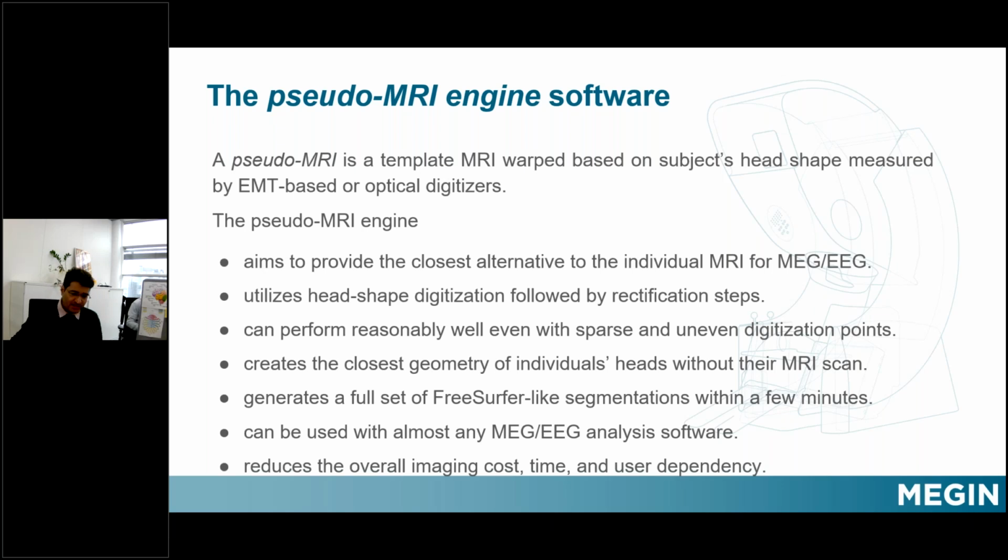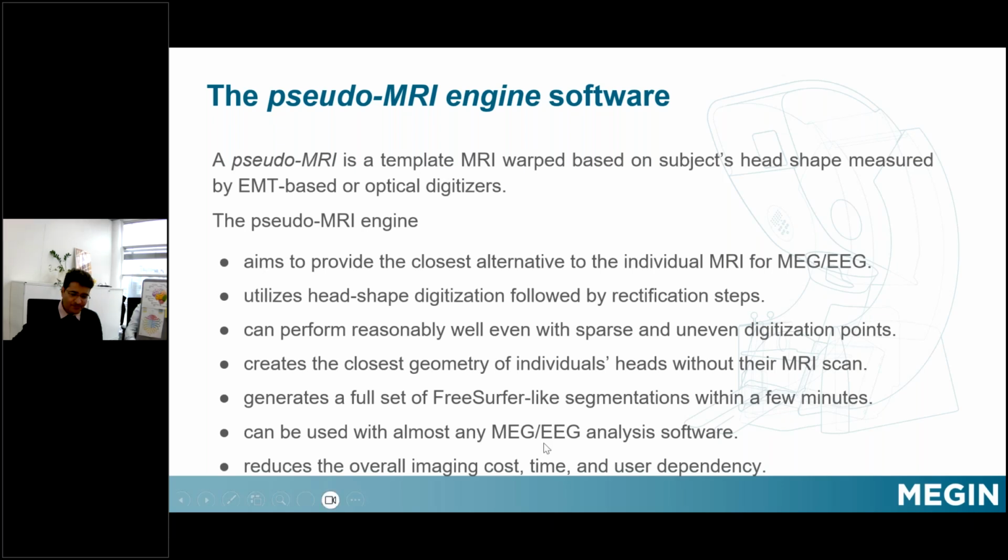Pseudo-MRI is a template MRI accurately warped based on the subject's head measured with either a conventional digitizer, an EM-based system like Fastrak, or an optical digitizer. The pseudo-MRI engine aims to provide the closest alternative to an individual MRI without having an actual MRI scan.